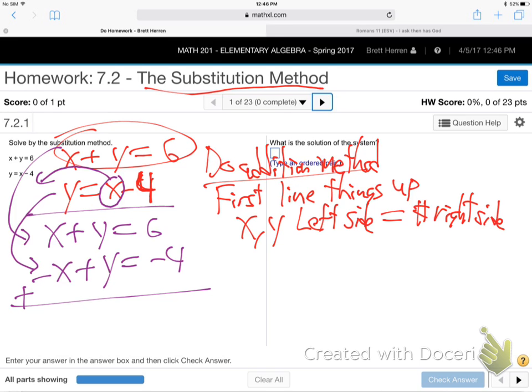That's not news to you, right? Whenever something jumps to the other side of the equal sign, it changes signs. That's what we've been doing for a while, right? That's exactly right. And now we add them up and boom, those x's cancel. And y makes 2y. Right? And 6 minus 4 is 2.